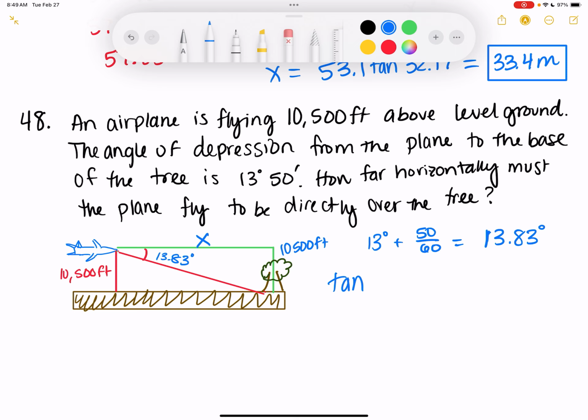So tangent of 13.83 is equal to opposite, so 10,500, over adjacent, which would be x. Because the variable is on the bottom, I need to flip them. So x is equal to 10,500 over tangent of 13.83.